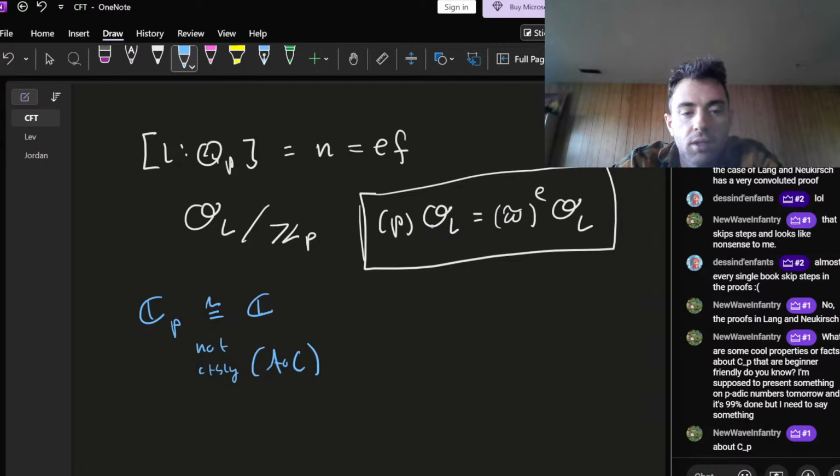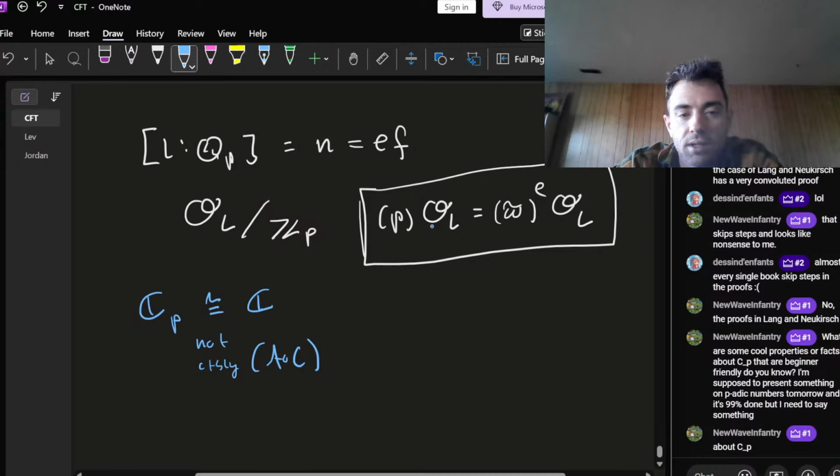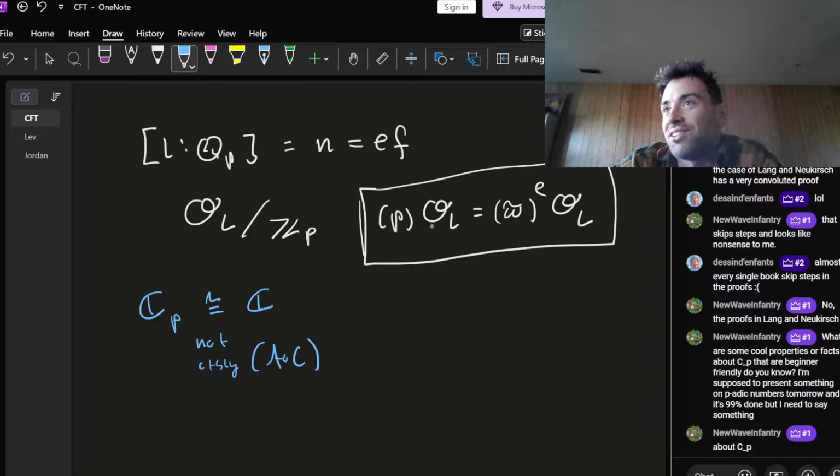So yeah, that's a fun fact. I guess you kind of need to prove something, but as you probably know, it is both algebraically and analytically complete. So that's cool.